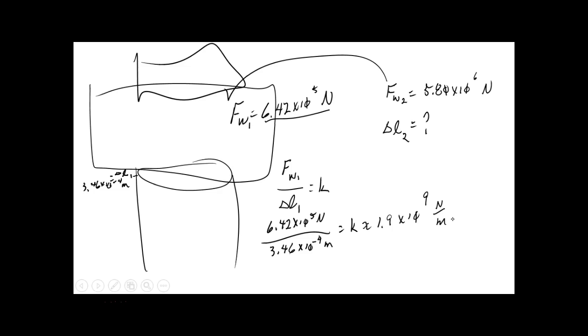This is a guess. You punch it on your calculator, see what you get. 6.42 EE or EXP 5, divided by 3.46 EE or EXP negative 4.